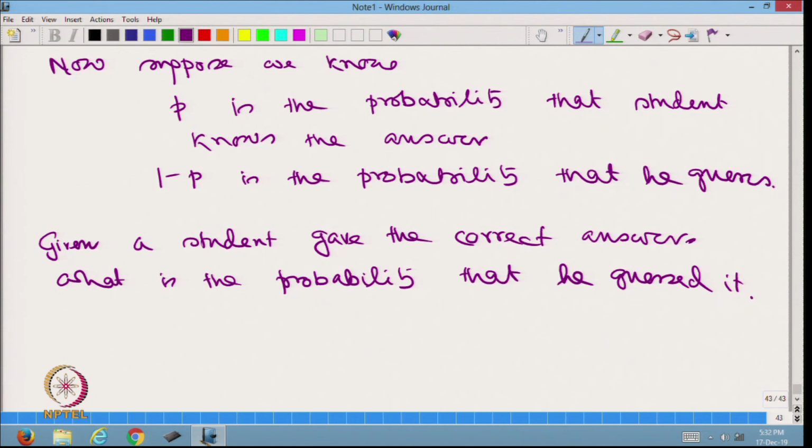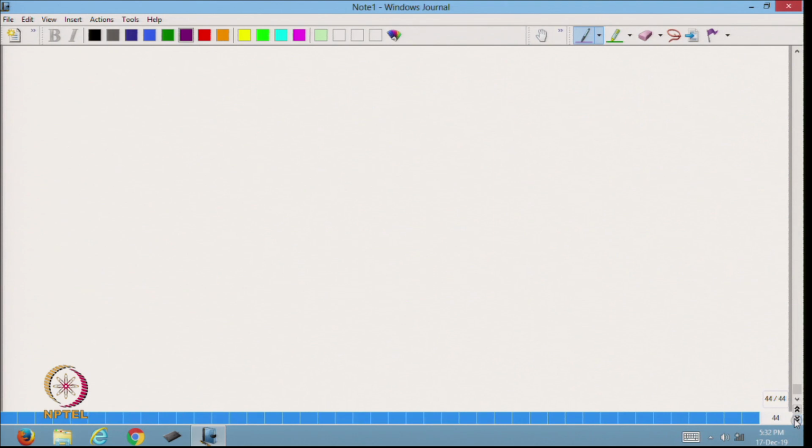I hope you understand the question. Therefore, we are looking at the probability of guess given correct answer.